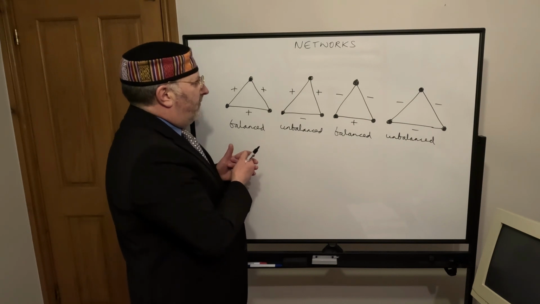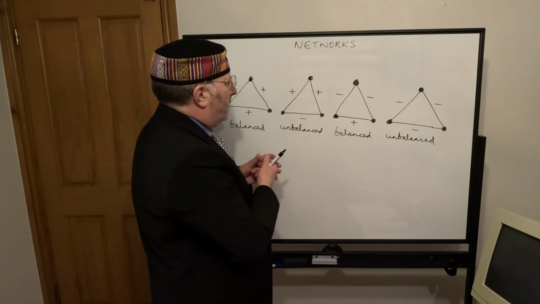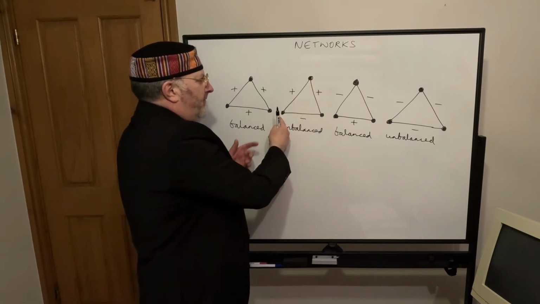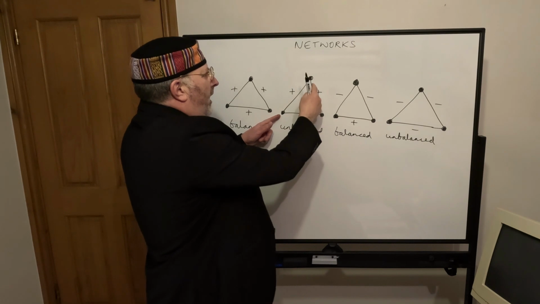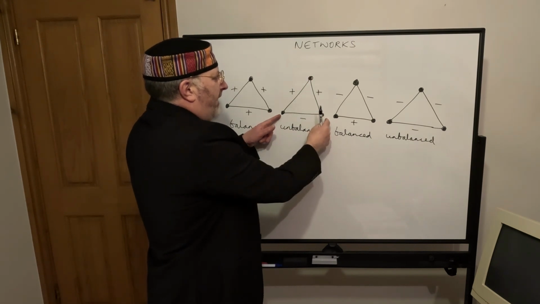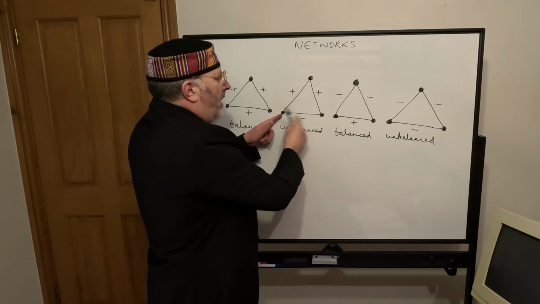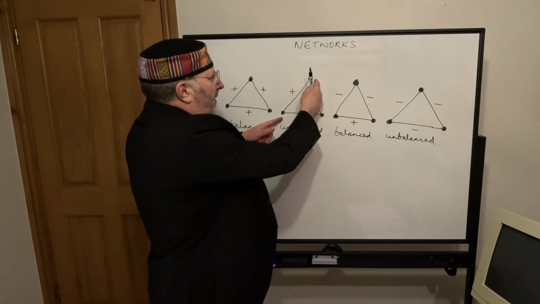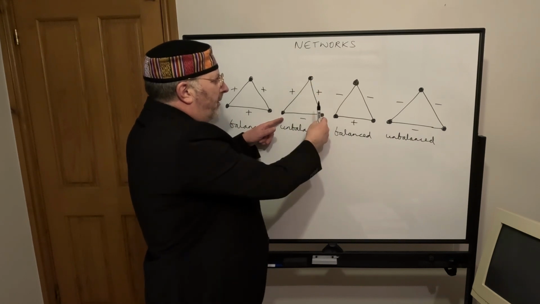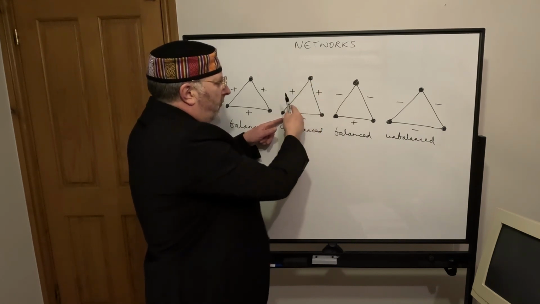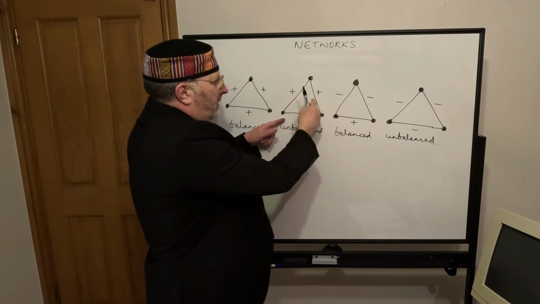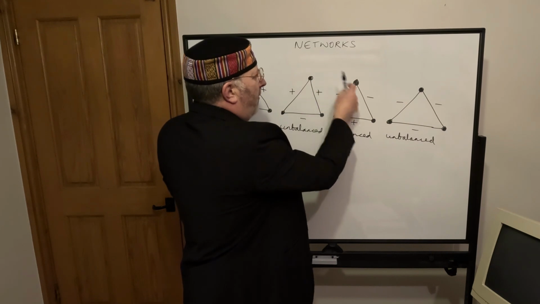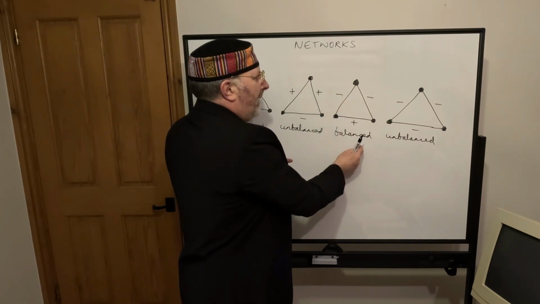So, if you're in this situation where this person and this person are friendly with each other, and this person is also friendly with that one, but these two can't stand each other, what tends to happen is that this friend will dump one of those, and so will keep one of the friendships and dump the other person and become unfriendly. So they will evolve towards this and become balanced.